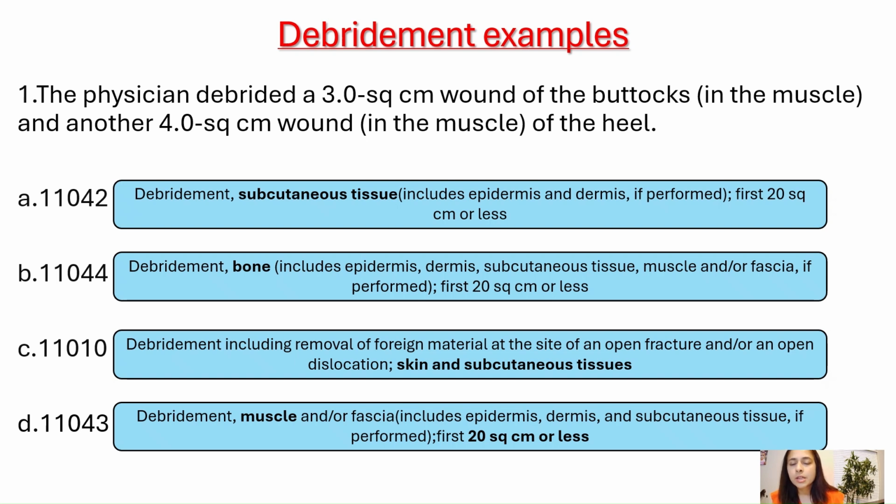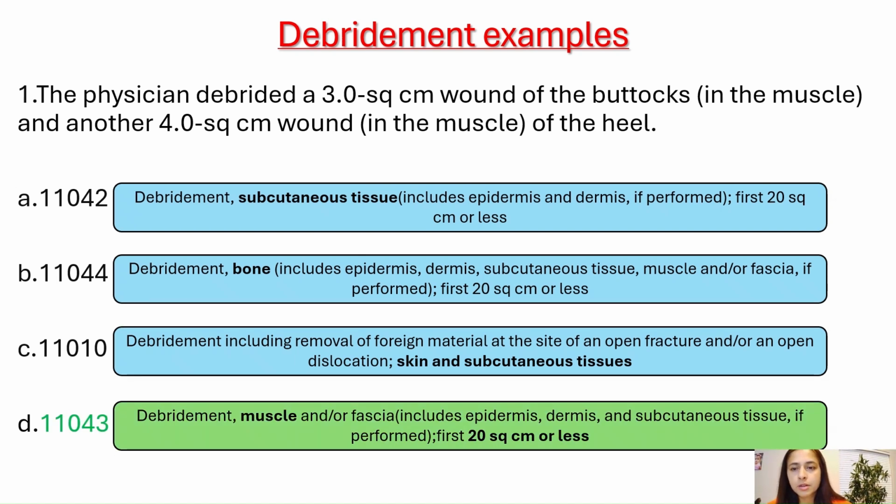Our question is talking about the debridement of the muscle, so we will go to option D, which is debridement muscle or fascia, including epidermis, dermis, or subcutaneous, if performed, first 20 square centimeter or less. This is the answer because the total is 7 square centimeter, which is less than 20 square centimeter. Option D is the correct answer.